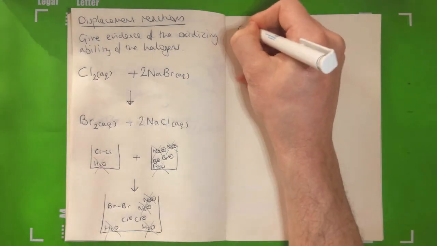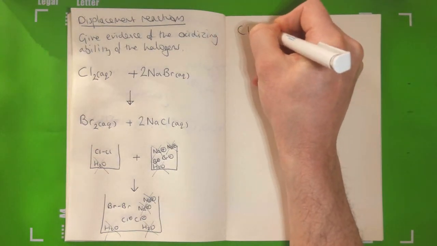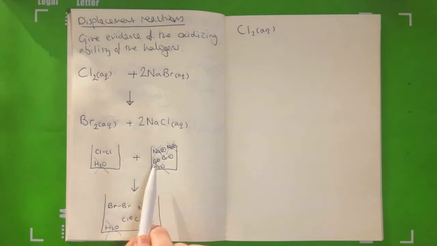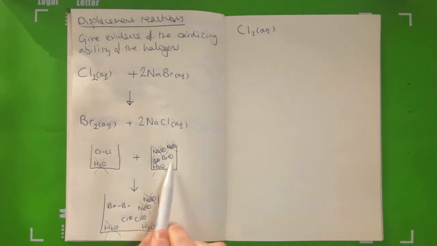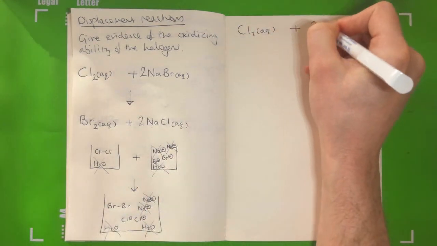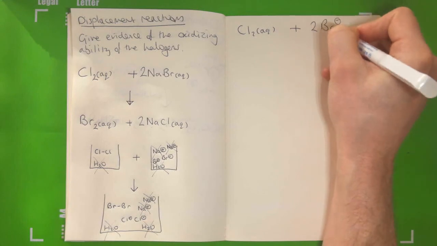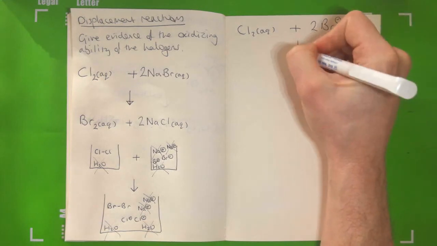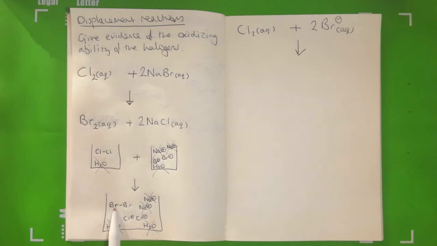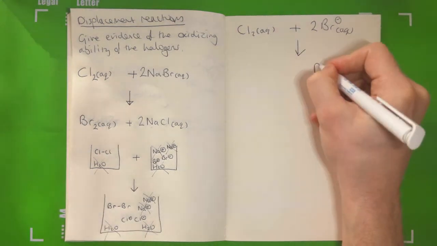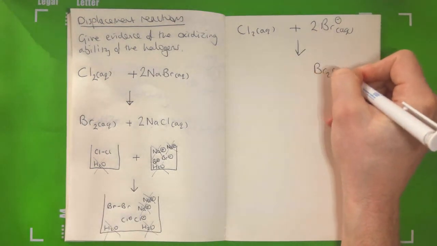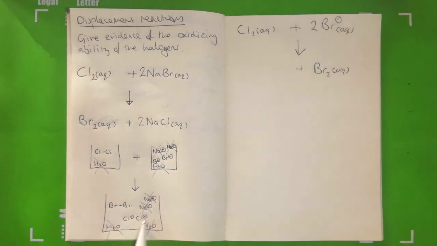So I've got Cl2 to start off with, which is here, plus 2 Br- makes Br2 and 2 Cl-.